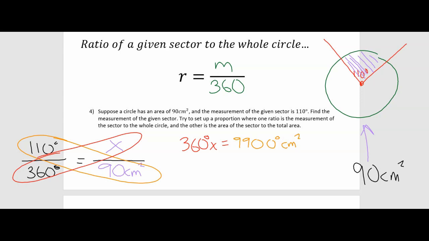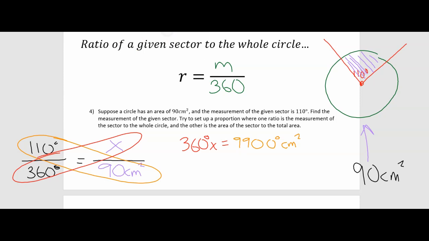I know it looks weird, like 9,900 degrees, but it's not like the degrees is being directly applied to the 9,900. We're not saying that there's 9,900 degrees. What this reads is the number 9,900 times degrees times centimeters squared.